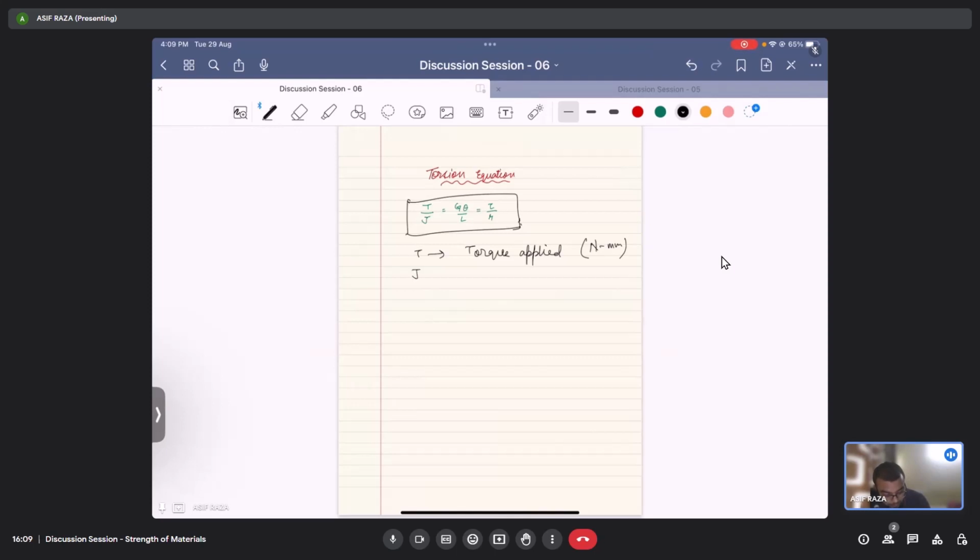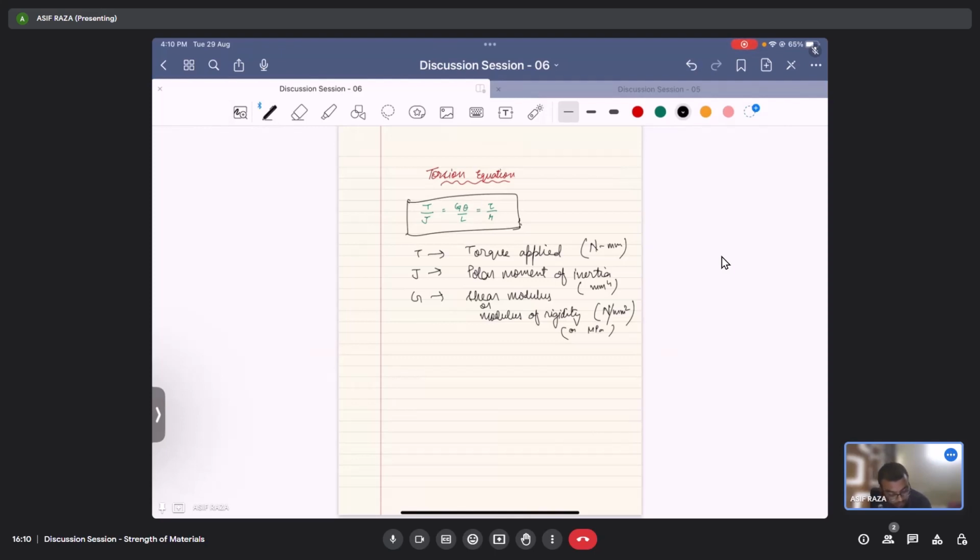Then J is the polar moment of inertia, and its unit is millimeter to the power 4. Then G is the shear modulus or modulus of rigidity, and its unit is Newton per millimeter square or megapascal.